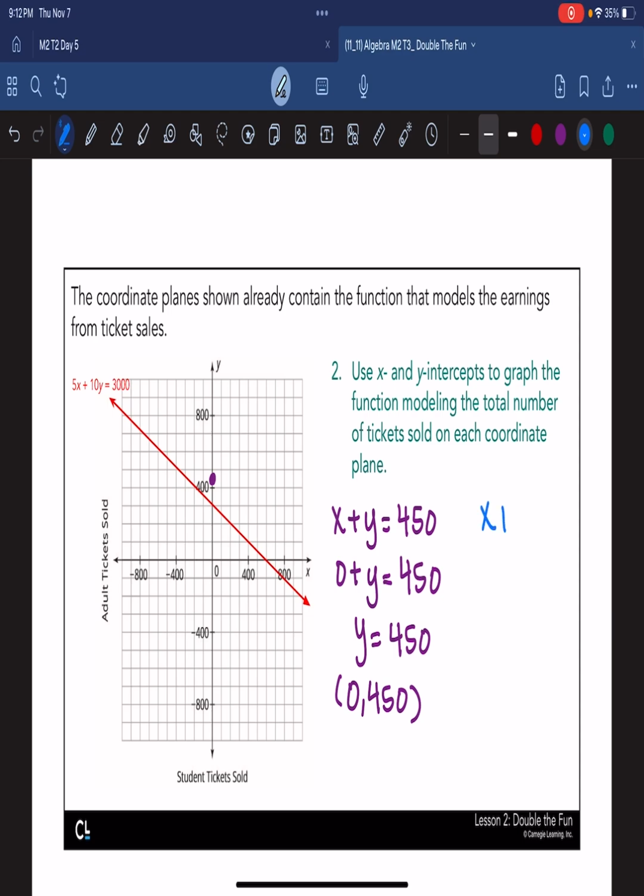Then I do the same thing. So I have x plus y equals 450. And now I'm going to substitute in 0 for y. So I have x plus 0 equals 450. So that really means x equals 450. So this ordered pair would be my x-intercept, 450, 0. So it'll be right around here.